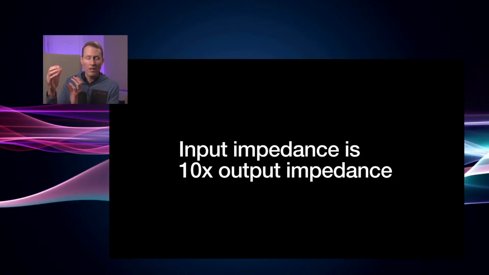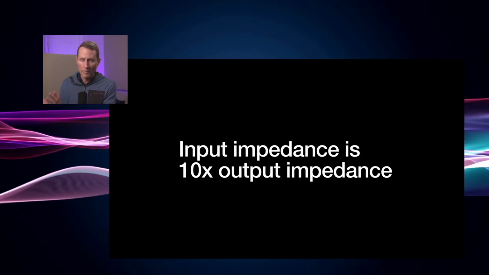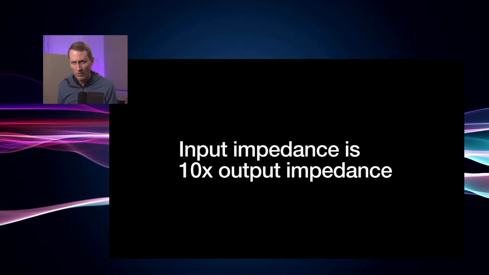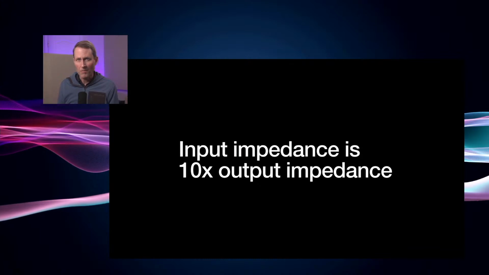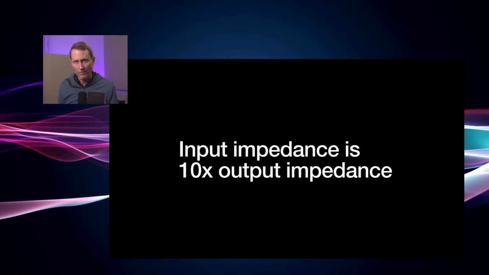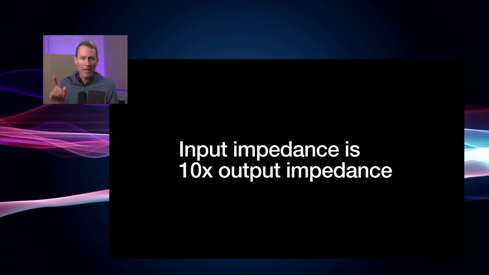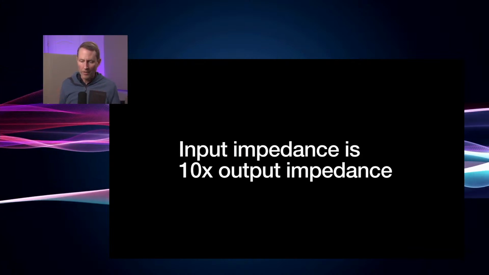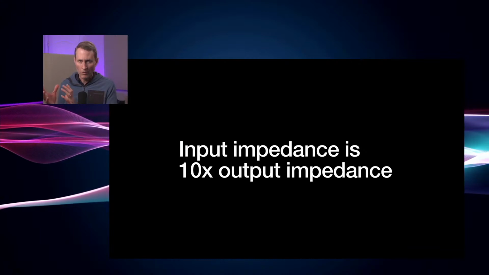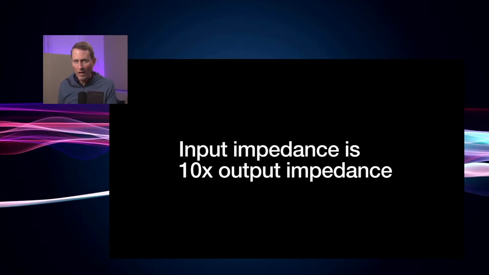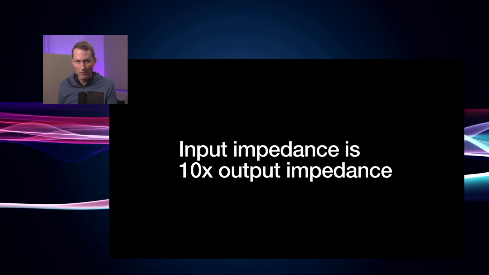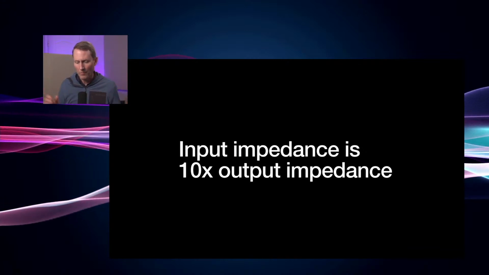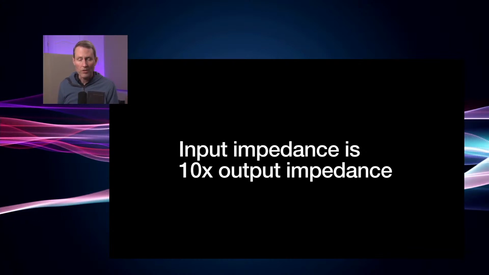So the input on your preamplifier, your mixer, your recorder, your audio interface should generally be about 10 times that of the output impedance of your microphone. So if you have a microphone with a 100 ohm output impedance, you would want your input on your recorder or mixer to have at least a 1000 ohm input impedance. That's just for optimal performance of the microphone with that preamplifier. So that's all it really means.